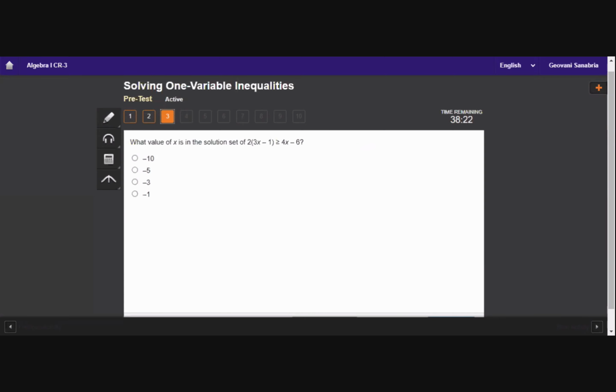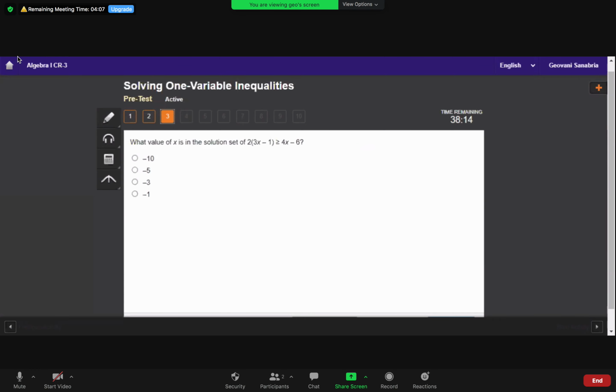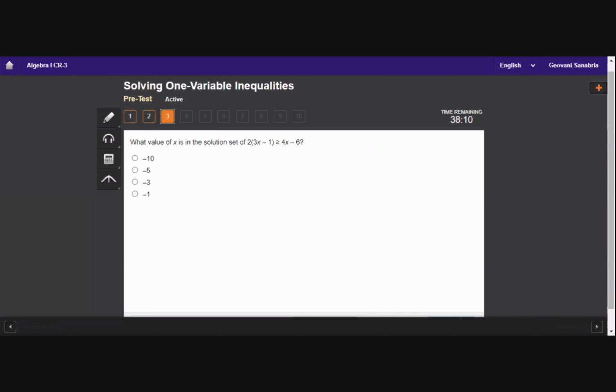So you divide by negative 2. But here's the special thing. You're dividing by a negative, so you have to switch the inequality sign around. Even before I divide? Well, you can do it when you write down your next thing. Yeah, when you write down your next thing, don't forget.